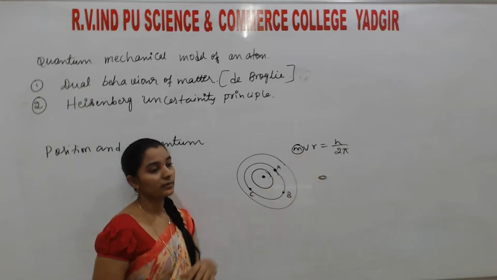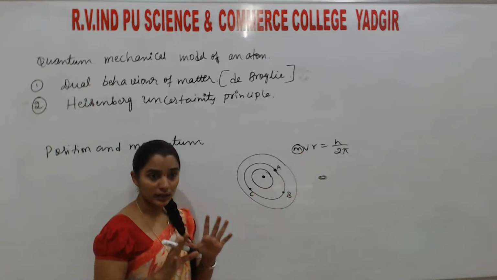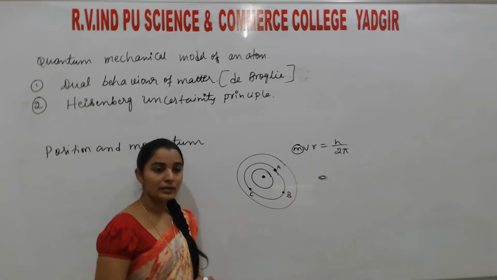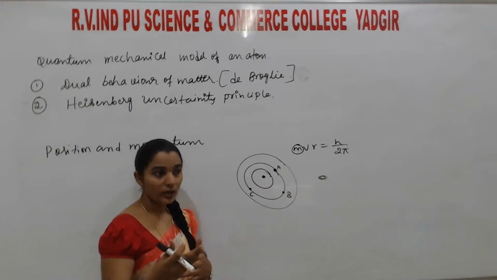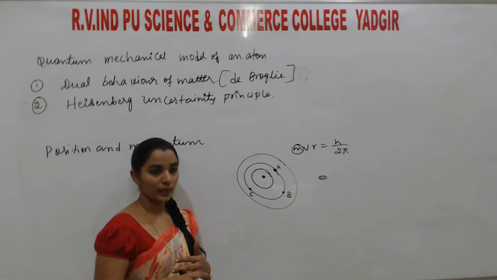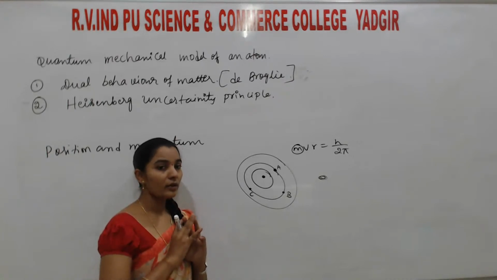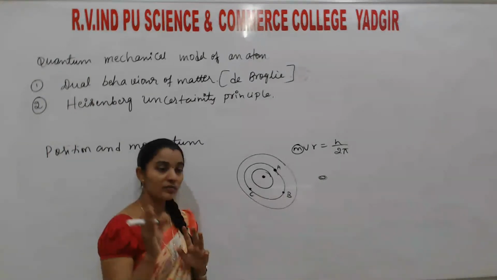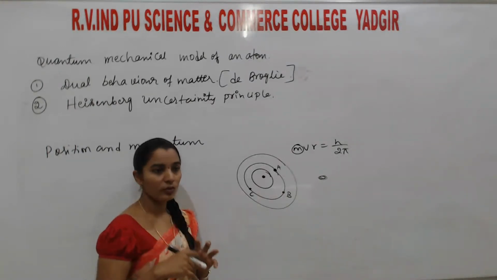Mass affects the uncertainty principle. If the particles are lighter, the uncertainty is more. If the particles are heavier, the uncertainty is less. Electrons have almost no mass, only charge, they are very light, that's why they move very fast.